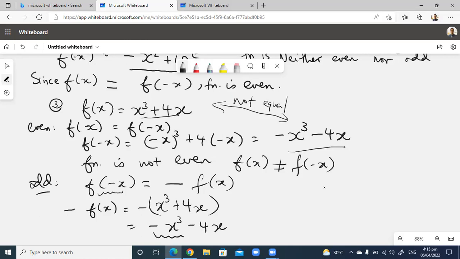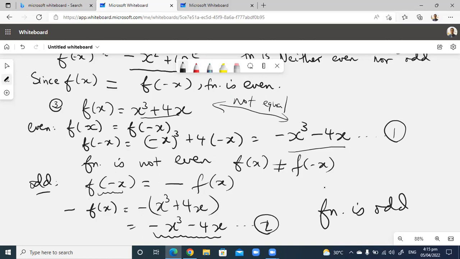Right? If I call this 1 and I call this 2, are 1 and 2 equal? Yes. So the function is odd.